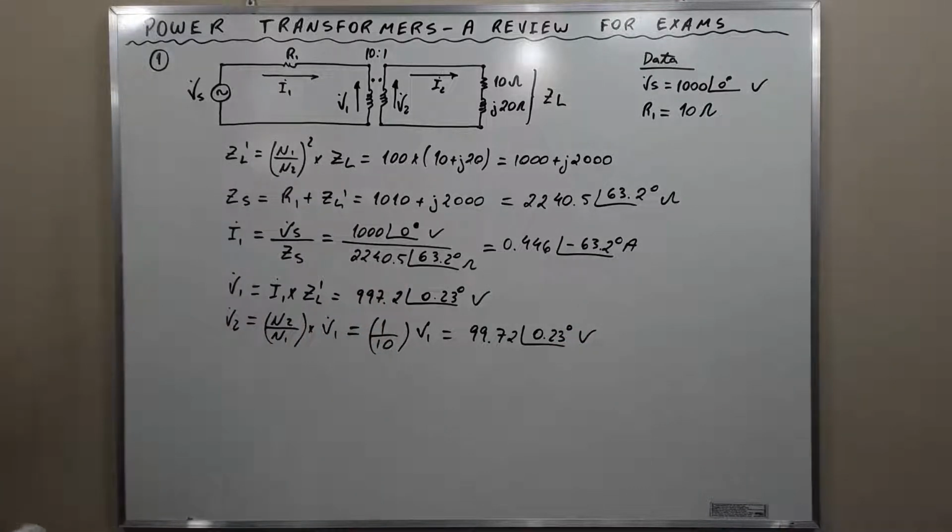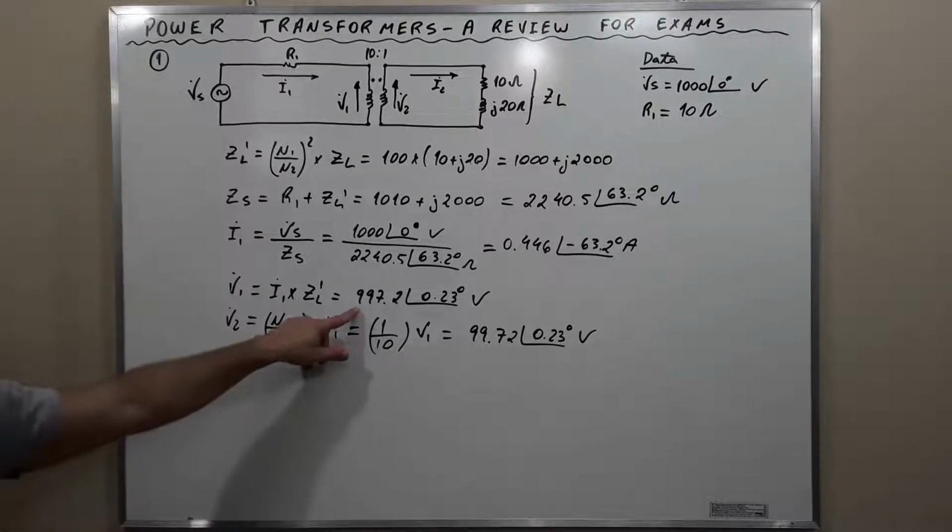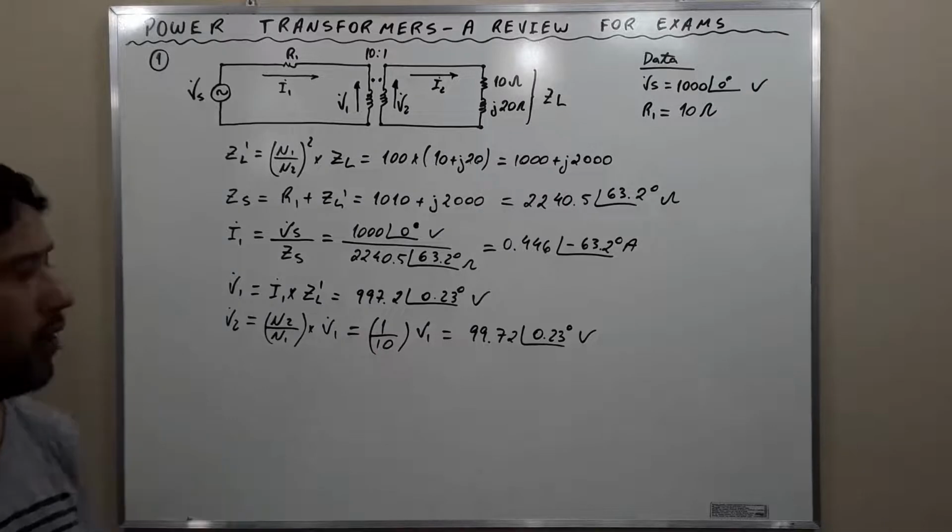This is the value of V2. You just divide this by 10 and you get this.